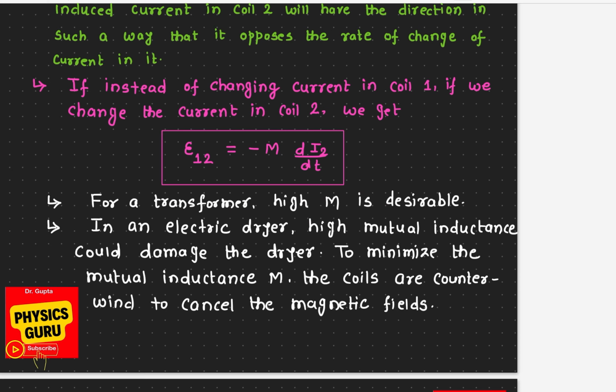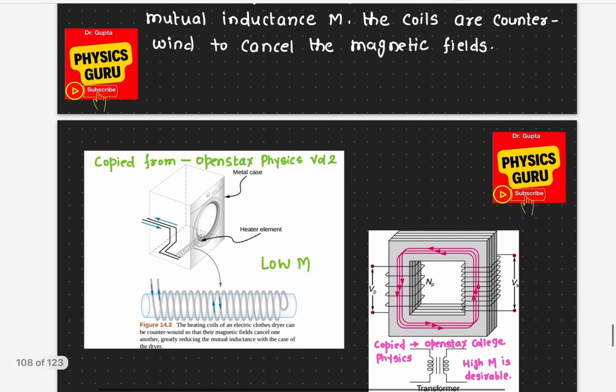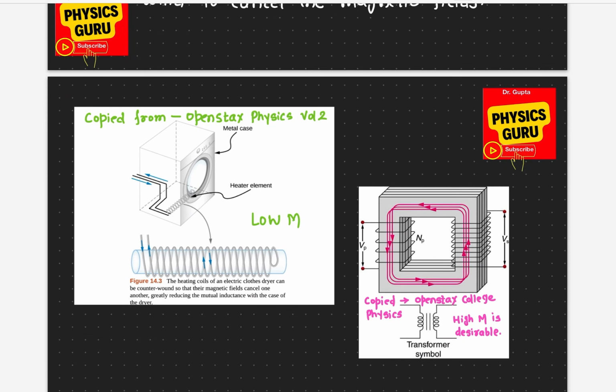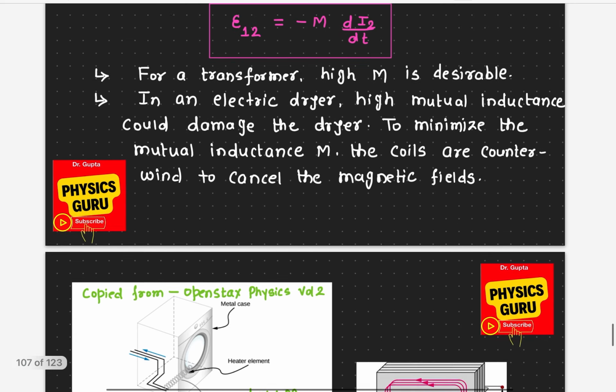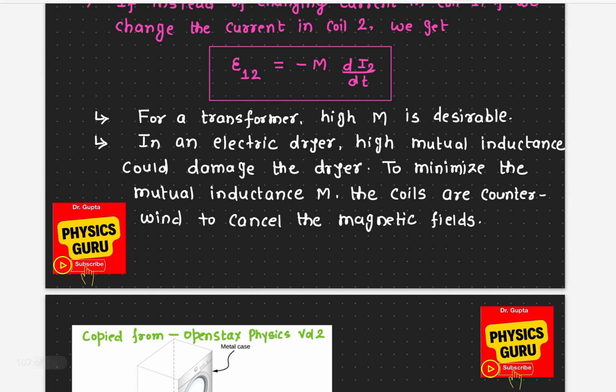But in some cases, for example an electric dryer, we need M as low as possible. If this value is higher in the case of an electric dryer, then the induced EMF will be so high that it can damage the device itself.